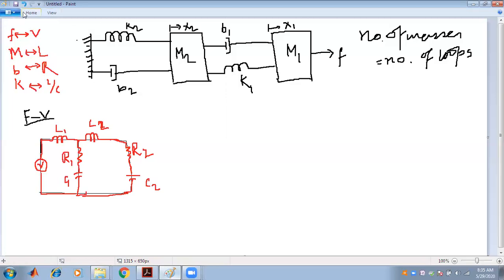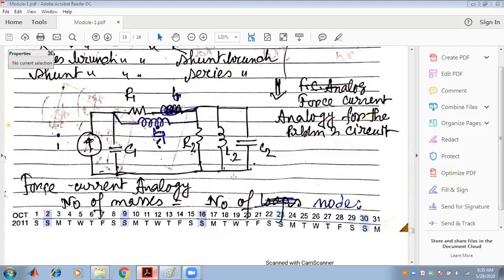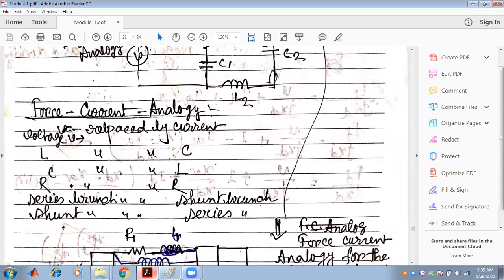Now we are approaching the force current analogy. Going from force voltage to force current is very easy.